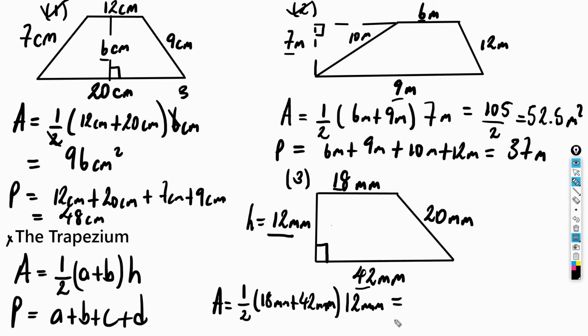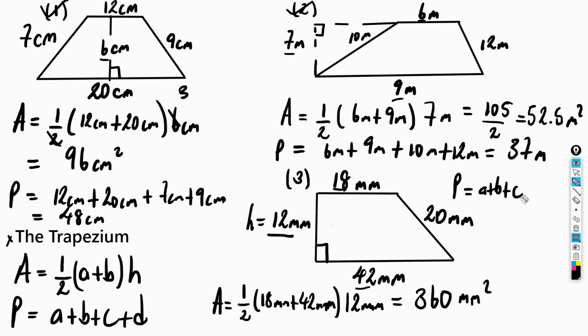So we should actually get, let's add 18 to 42, then multiply it by 12 and divide it by 2, and we should get 360 millimeters squared.